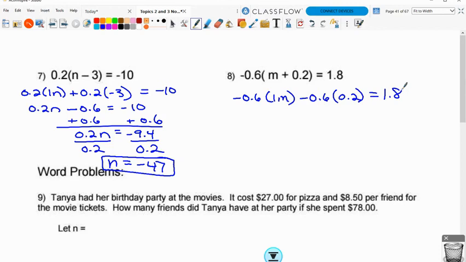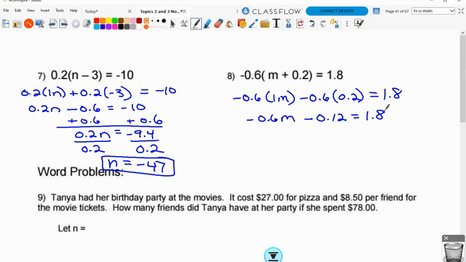If we multiply -6/10 by 1m, we get -6/10 m. -6/10 times 2/10 is -12/100, so -6/10 m minus 12/100 equals 1 8/10.